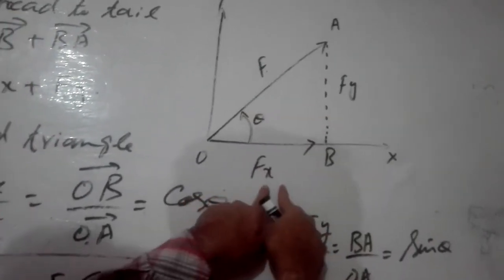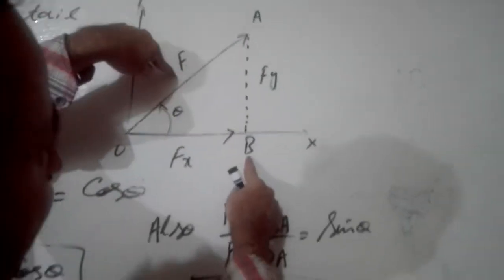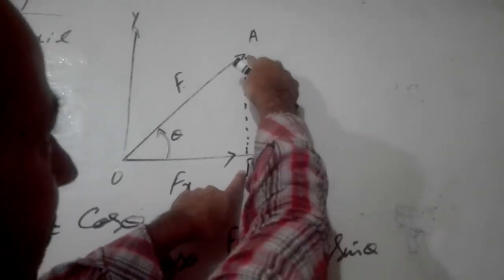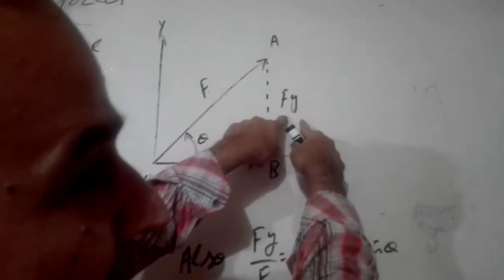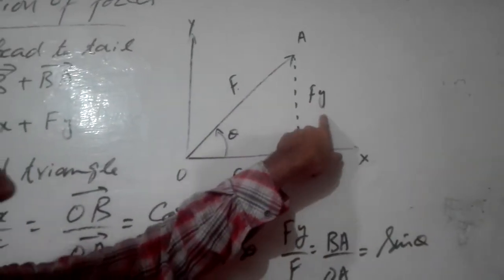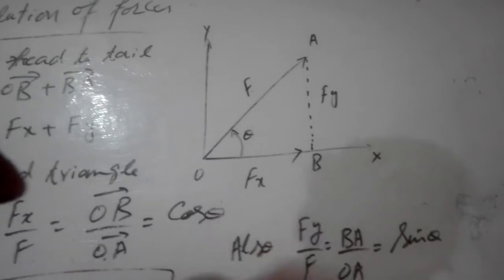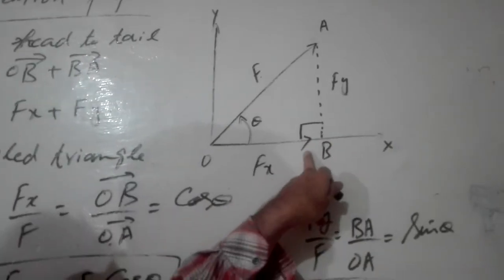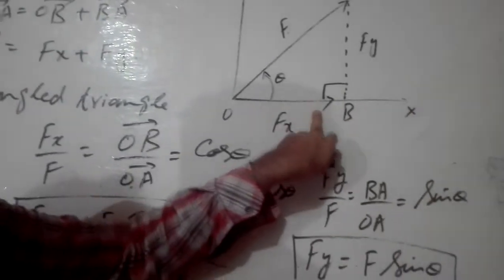That's why it is denoted by Fx, and it is also known as the horizontal component. And this component BA of this force is parallel to the y-axis, so it is denoted by Fy, and it is known as the vertical component of this force F. These two components are at right angles to each other, mutually perpendicular, meaning they make 90 degrees with each other.